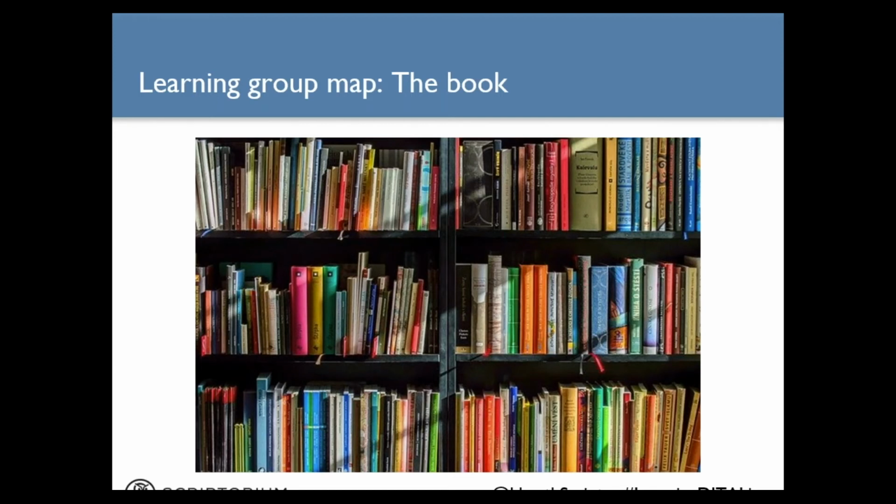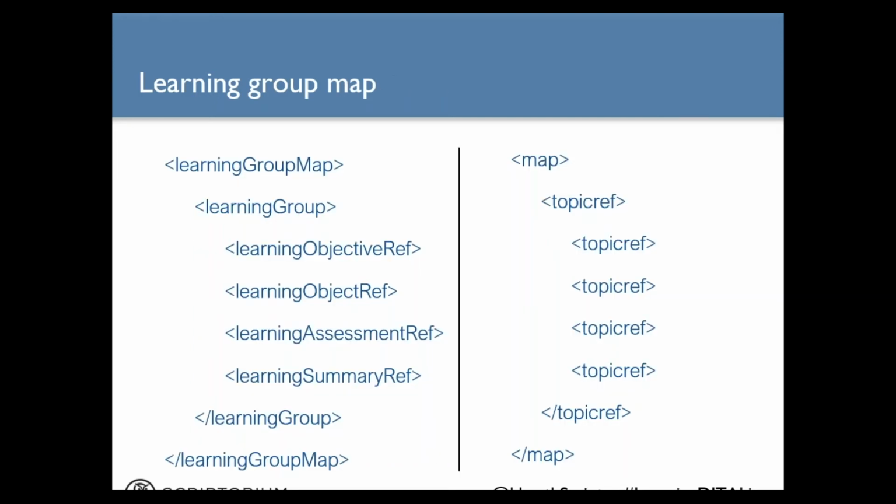I just want to point out here in this example that it really is similar to our standard map type. If you had a containing topic ref, or even if you were to use a book map, it would look really similar. So we have our map element, this learning group map, and within that is our learning group.